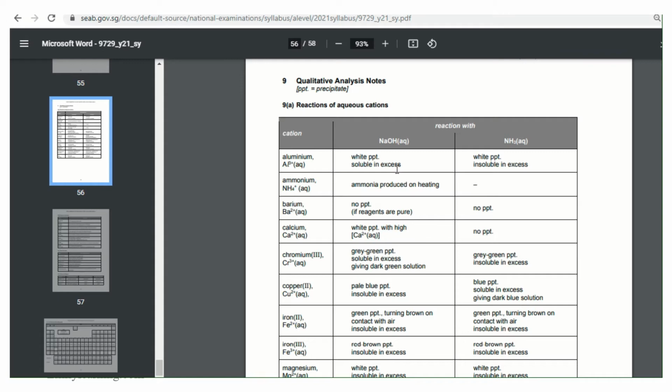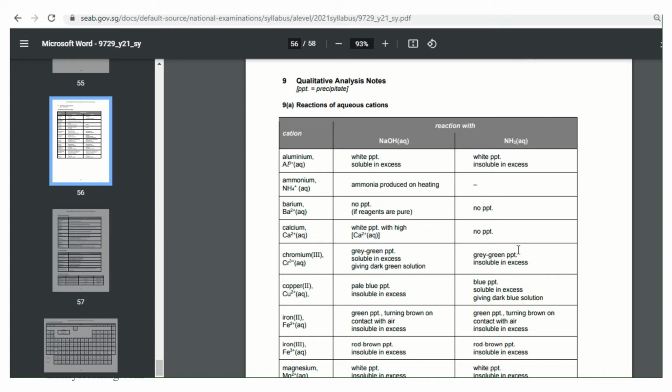Based on the color of the precipitate and whether it is soluble or not, you can actually determine the cation that is present. For instance, if you have a gray-green precipitate that is soluble in excess sodium hydroxide but insoluble in excess aqueous ammonia, then you know that chromium ions are present.